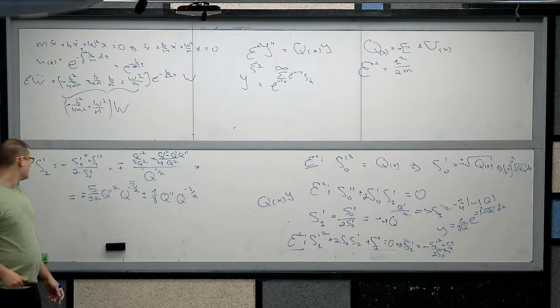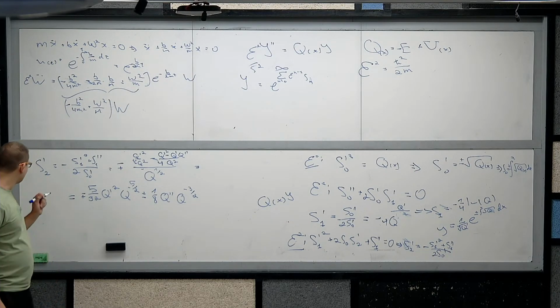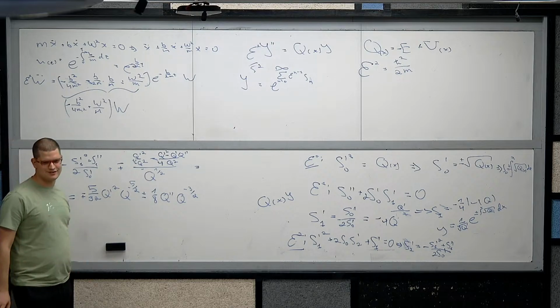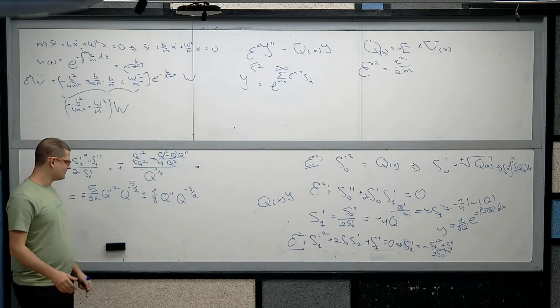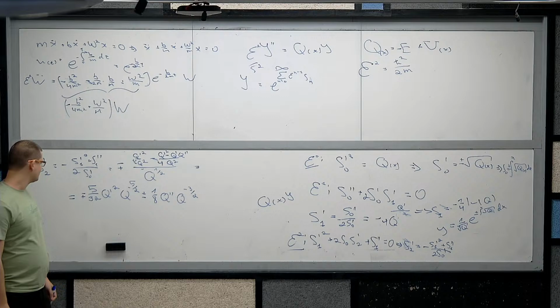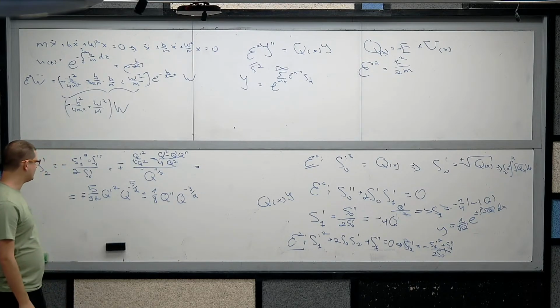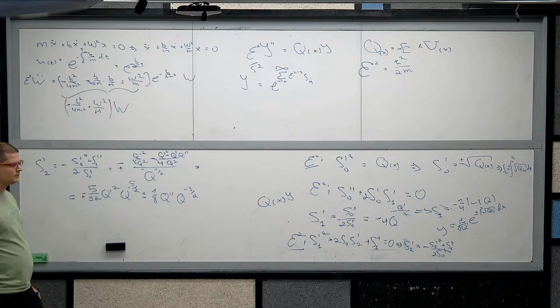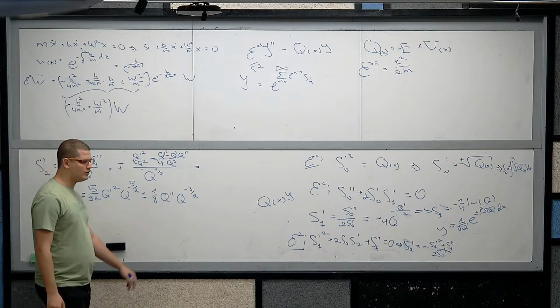okay. That is S2 prime. You still have to remember that you need to integrate that, right? No? Okay. You're not happy with that? No, I'm not happy with that either. But you can see that if, for example, think about Q which is negative, you will get more and more corrections.